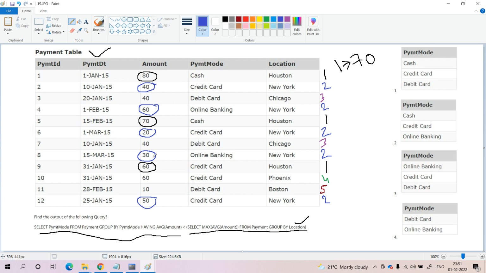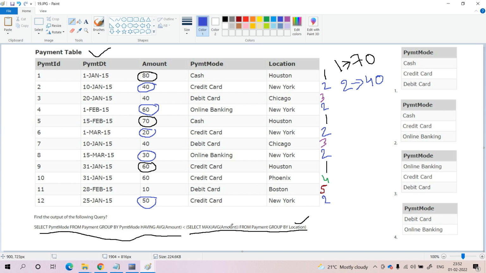Now calculate the summation of all the amounts in the second group. 40 plus 60, 100, 100 plus 20, 120, 120 plus 30, 150, 150 plus 50, 200. 200 by the total number of elements in the second group, 1, 2, 3, 4, 5. 200 by 5, so you will get 40. So for the second group, the average amount is 40.